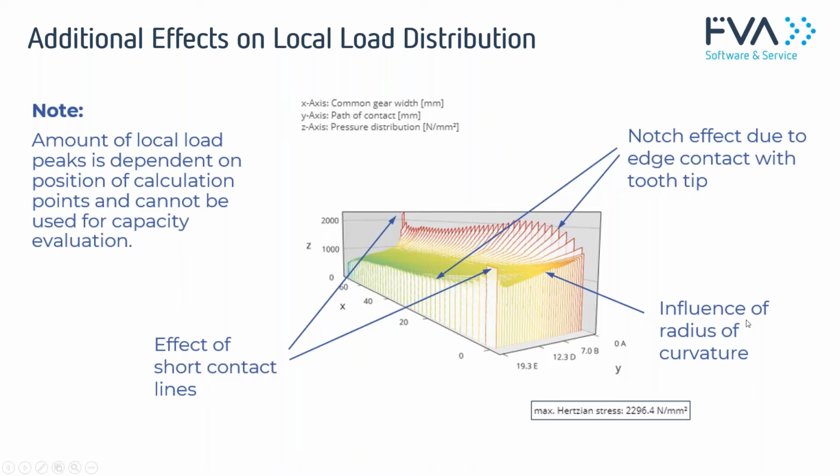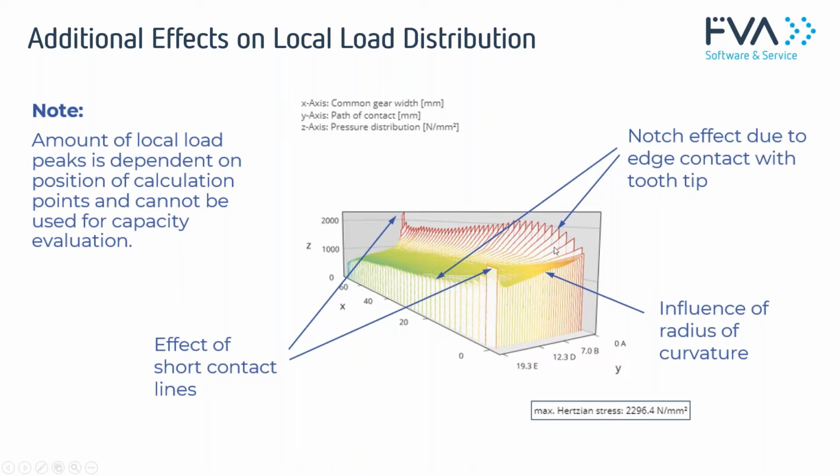Even if you had a constant load distribution along the profile and the face width, the pressure values will increase when you go towards the root of the pinion, the smaller gear, because the radii of curvature are getting smaller towards the root of the pinion, and so you will get higher pressure values, although the load distribution is constant.